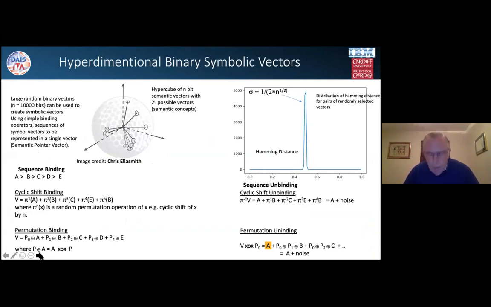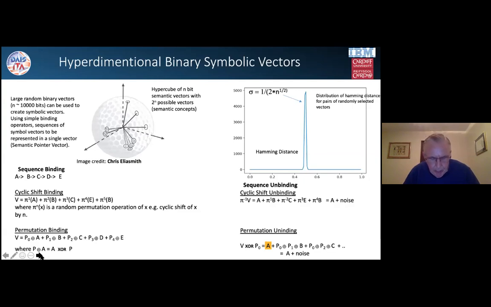And we were particularly struck early on by the work of Chris Eliasmith, and particularly his book on how to build a brain, and the ideas in that book about the semantic pointer architecture, where the vectors are pointing to concepts, but the vectors themselves represent the concept that they're pointing to.